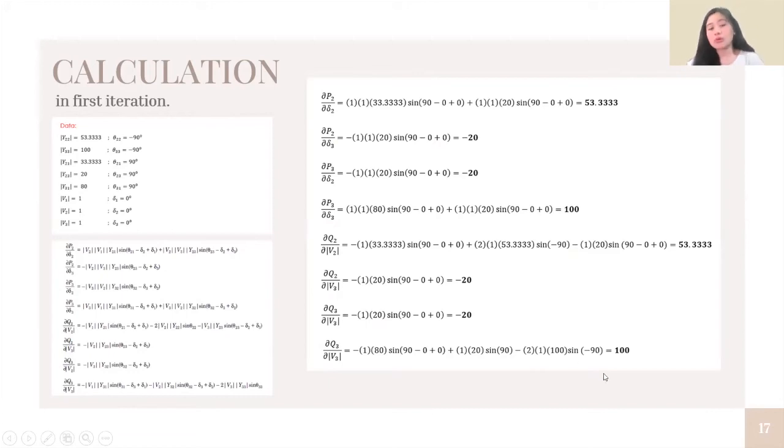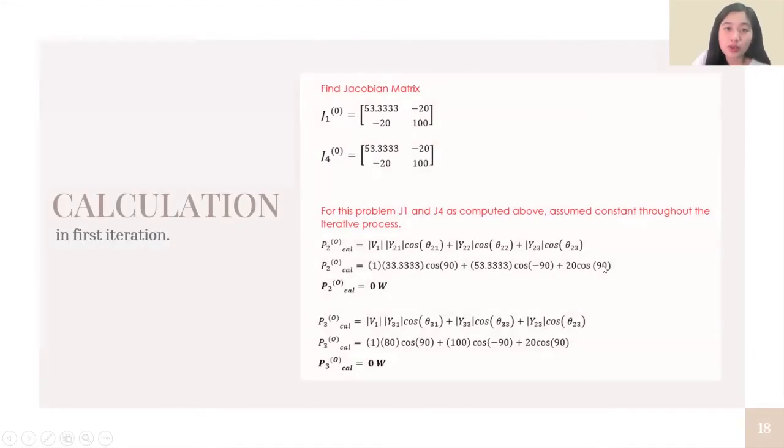So meaning our J1 and our J4 will be equivalent sa isa't isa. Basically is that yung 53 natin, that's our J1. This is our J11, J12, J21, and J22. And ganun din yung sa ating second matrix. So as you can see here, finorm lang siya into a Jacobian matrix.